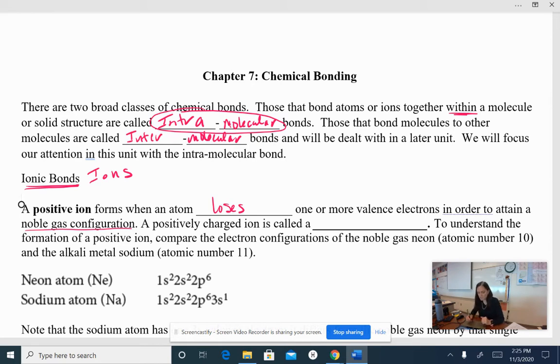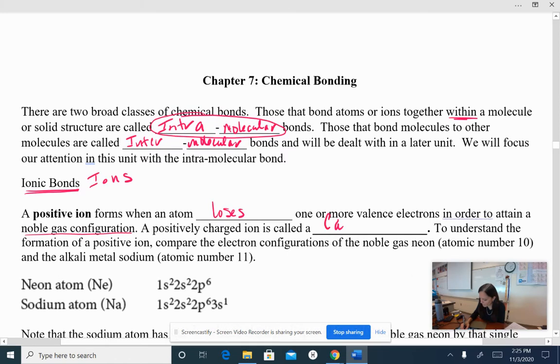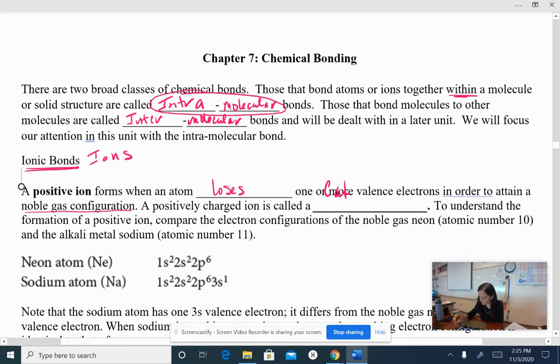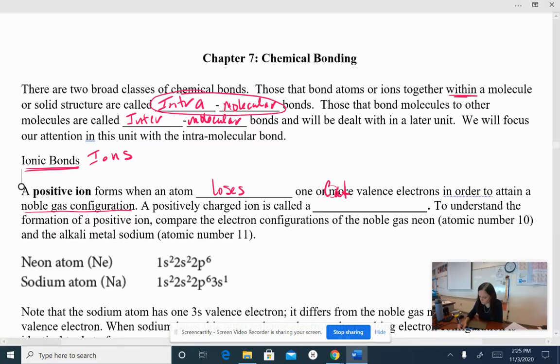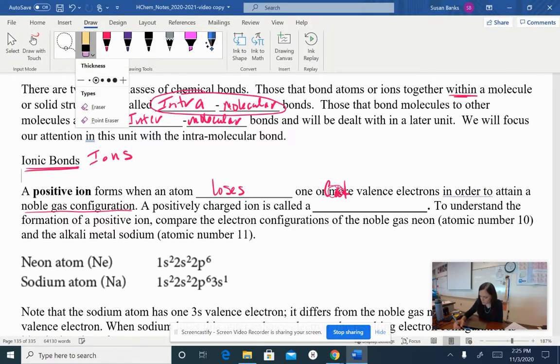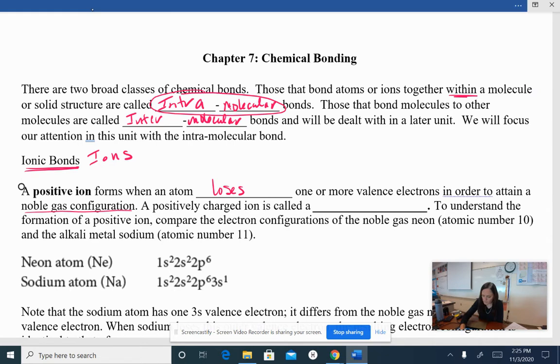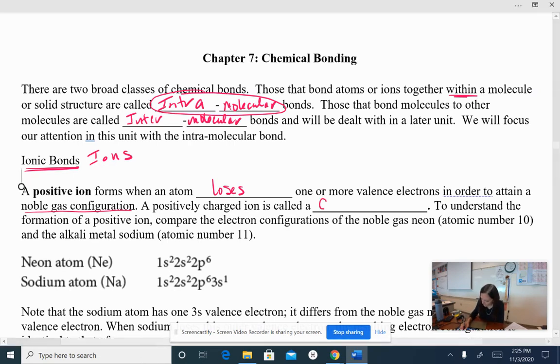We are going to lose those valence electrons to get back to a noble gas configuration. A positively charged ion is called a cation. Cat means positive, like cathode.